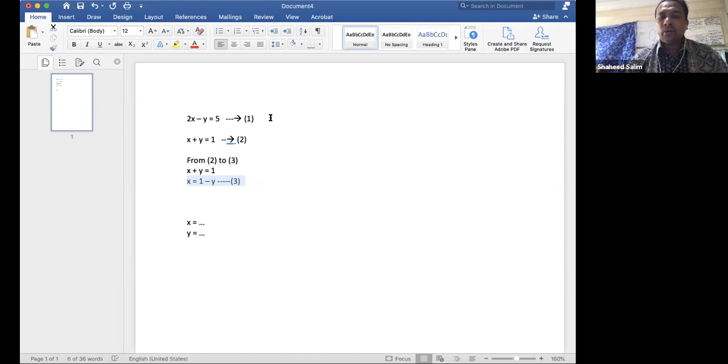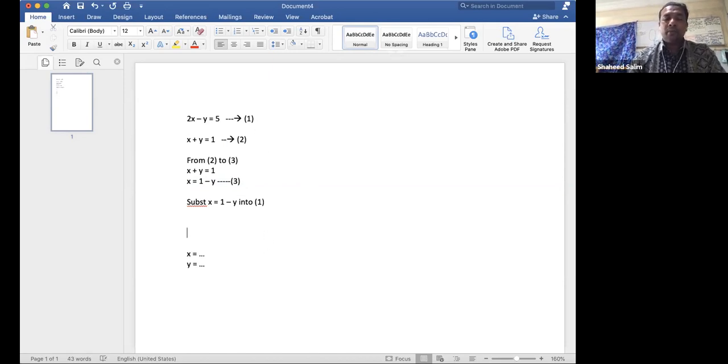I put x equals 1 minus y into equation 1. I must not put it into 2 because this is the same thing. I will have funny answers later. So I put it into 1 because this is from a different step.